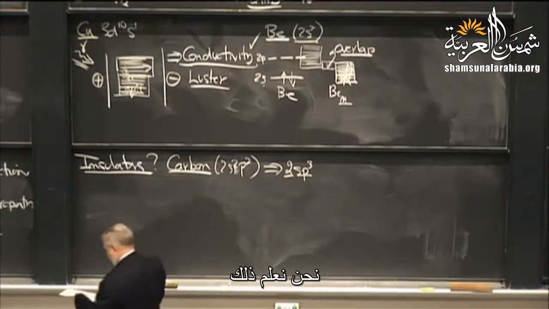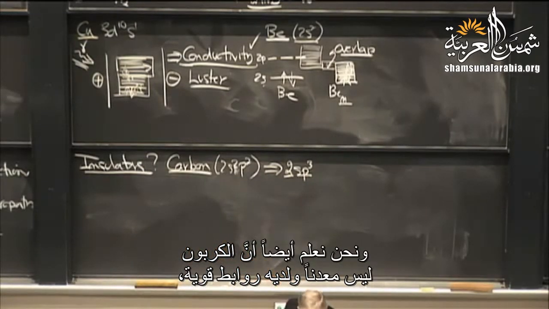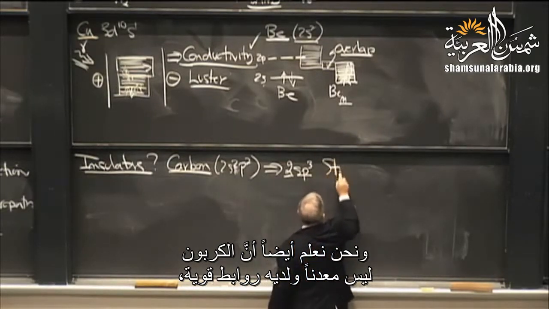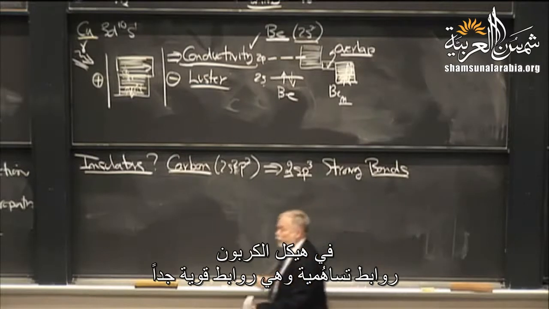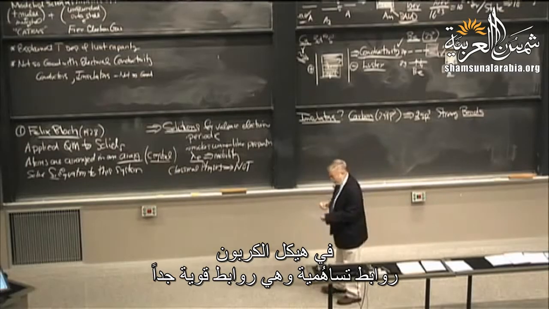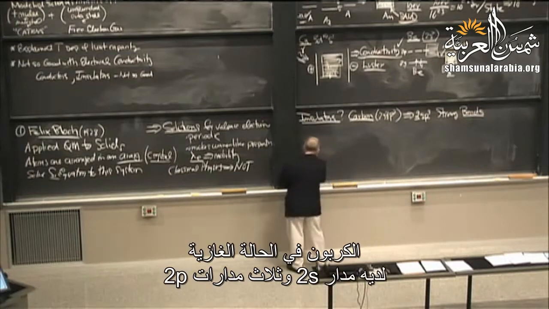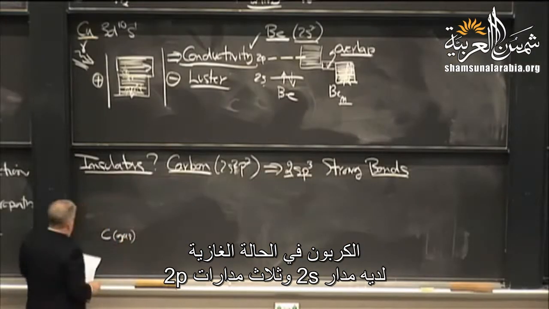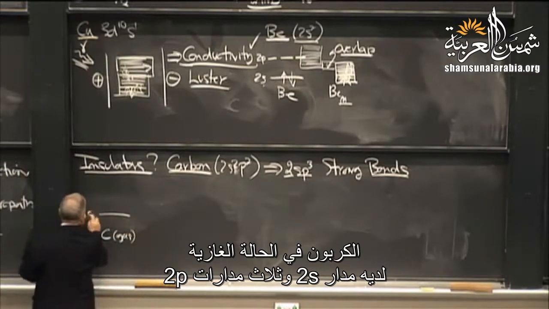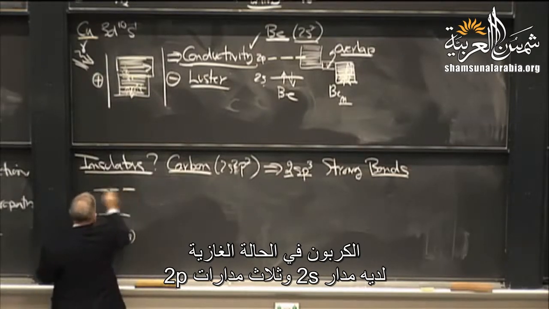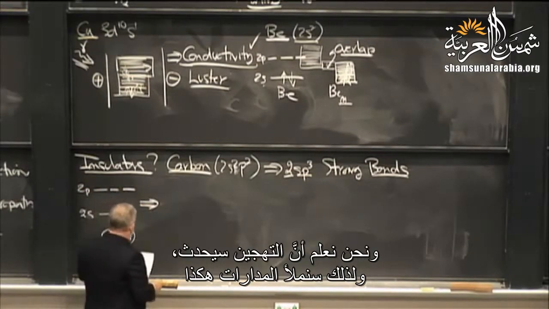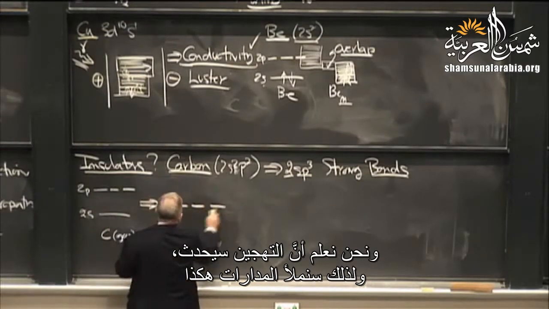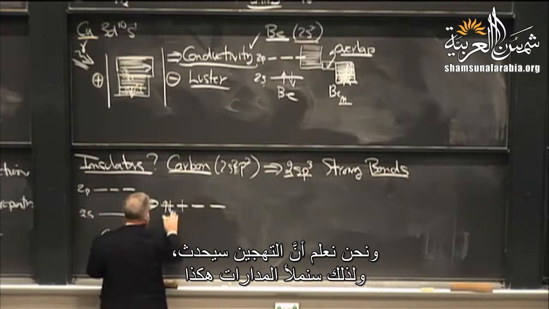And we also know that carbon's not a metal, and that we have strong bonds. In the structure that we're going to talk about, they're covalent bonds, and so they're very strong. So let's do this: carbon in the gas phase. We have 2s and 2p. We know that we end up with hybridization, and so we fill these.